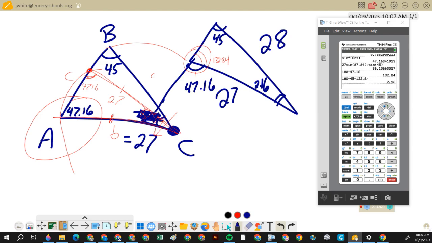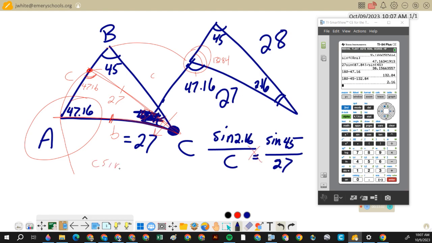And now we need to find side C. So the sine of 2.16 over C is equal to the sine of 45 over 27. Does everybody understand that? Good. Cross multiply.